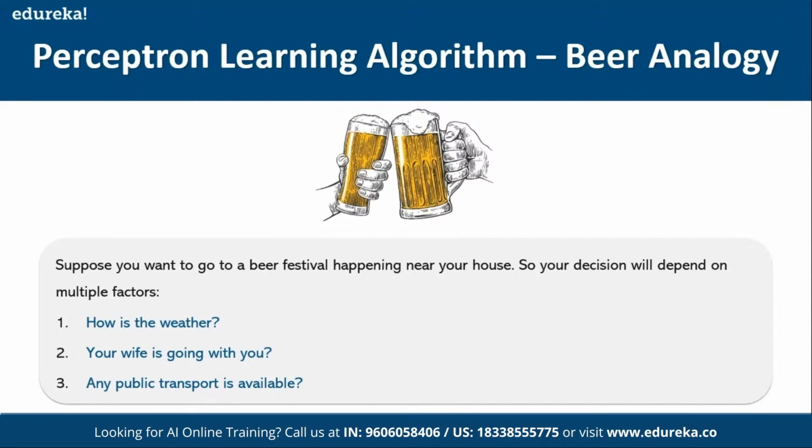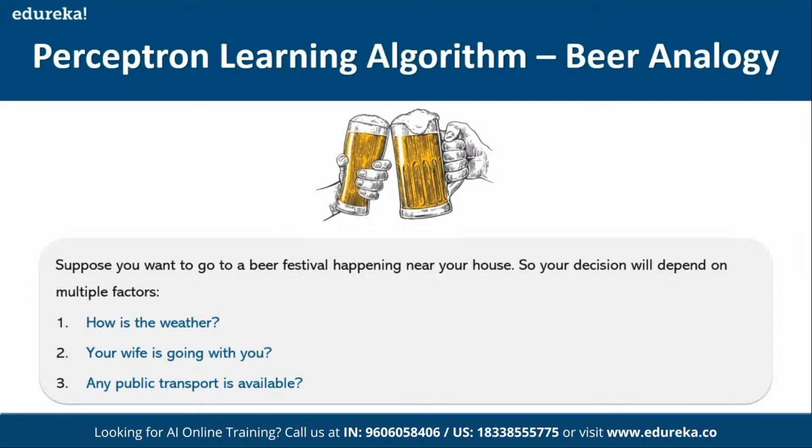The factors which help you to decide whether to go or not to go are three facts. How is the weather? Is your spouse accompanying you? And is any public transport available? So these three factors are the ones which help you to decide whether to do or not to do.